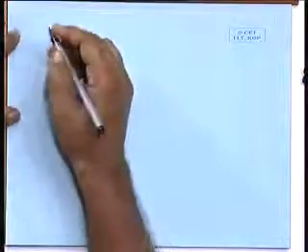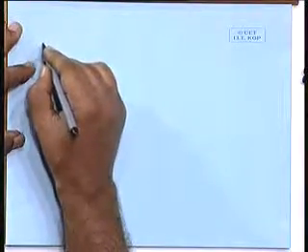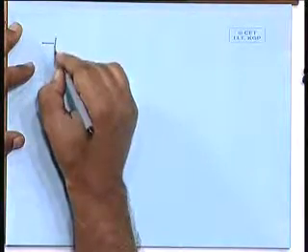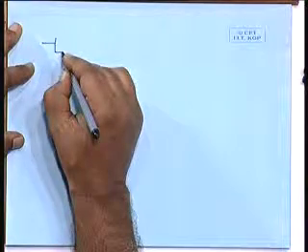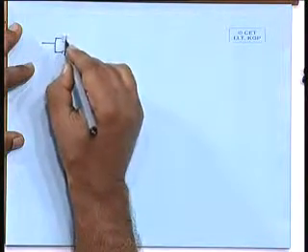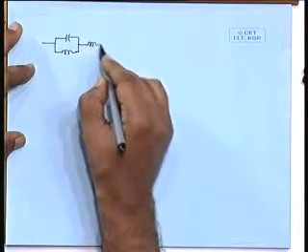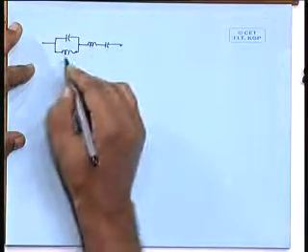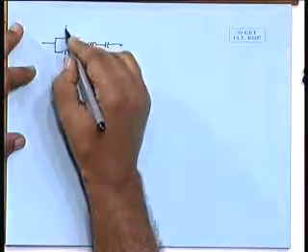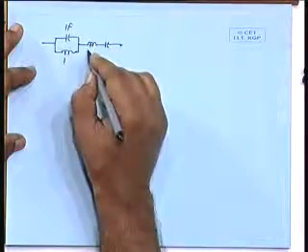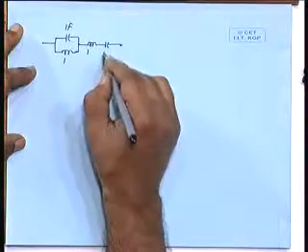Let us take another example. Say this is 1 Henry, 1 farad, 1 Henry, 1 farad.